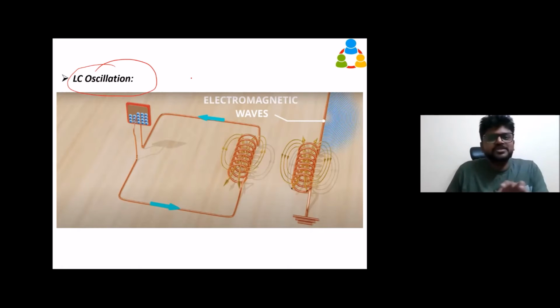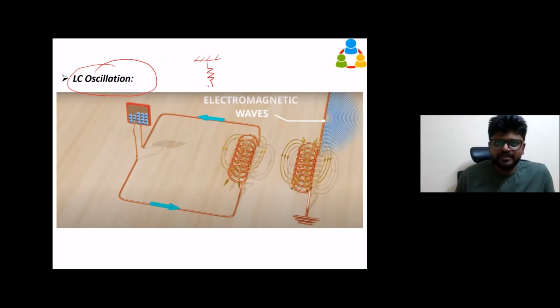Before going to LC oscillation, let us see the equivalent of it in our mechanical world. You take a roof, a spring, and some mass. Some mass is connected to the spring, hanging from the roof. It's not a resistor, okay, it's a spring.